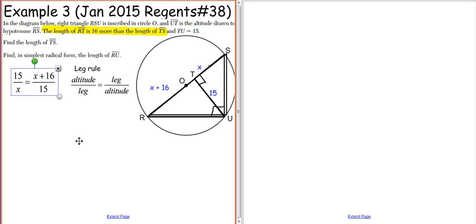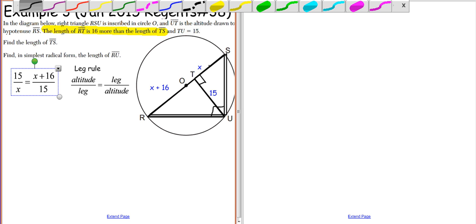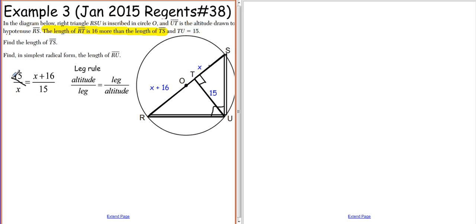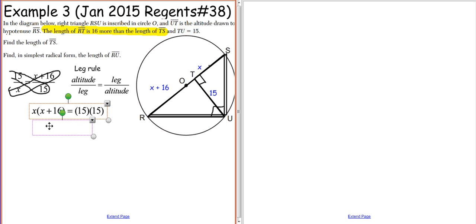So to solve for X, I'm going to cross multiply. So we get 15 times 15 here, and X times X plus 16, which gives X times X plus 16 equals 15 times 15, which simplifies to X squared plus 16X equals 225.